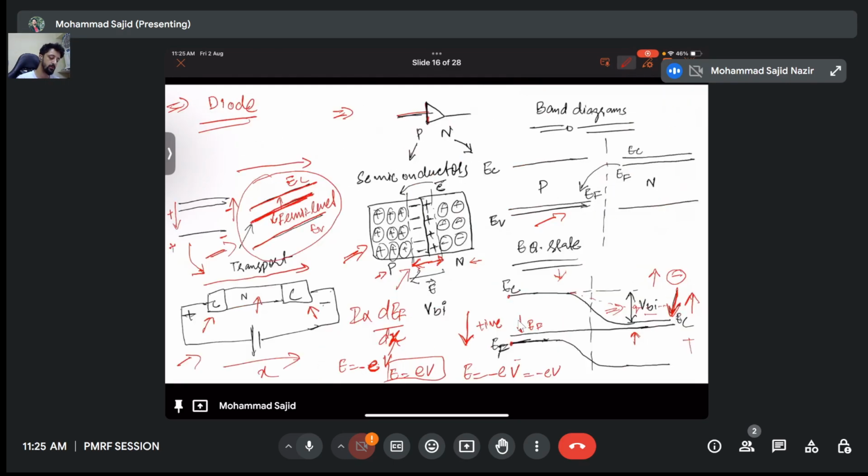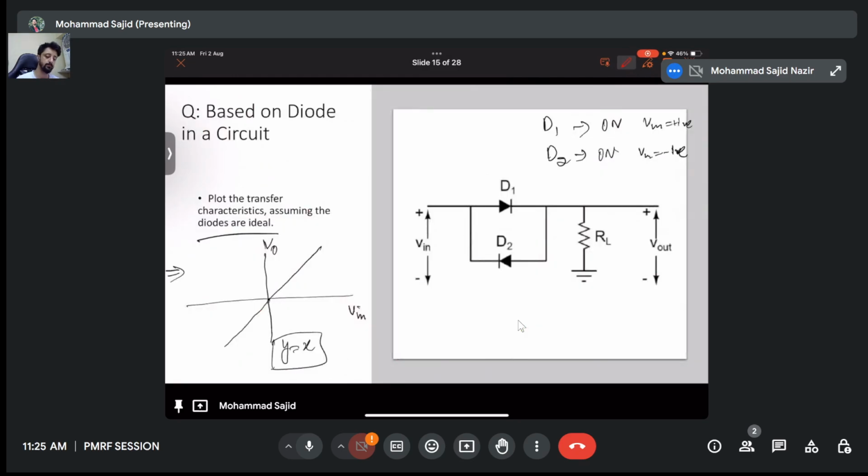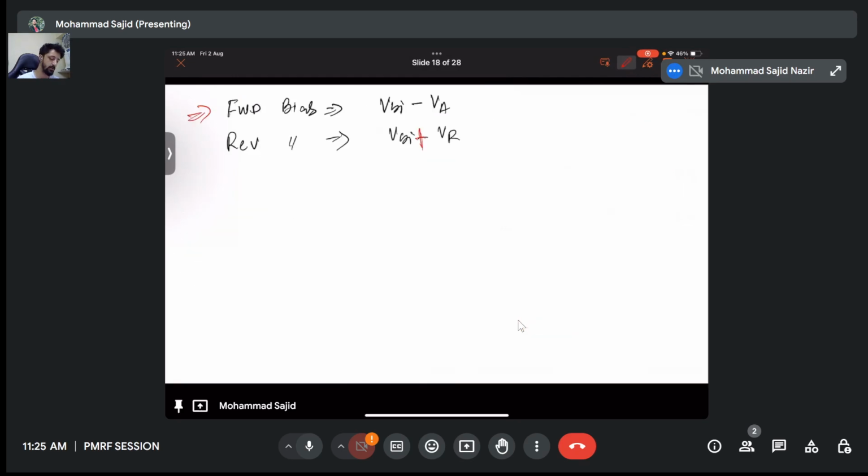So now the question was about the diode. Another thing is that a diode turns on after a certain voltage, which you call the knee voltage, or in MOSFETs, the threshold voltage.